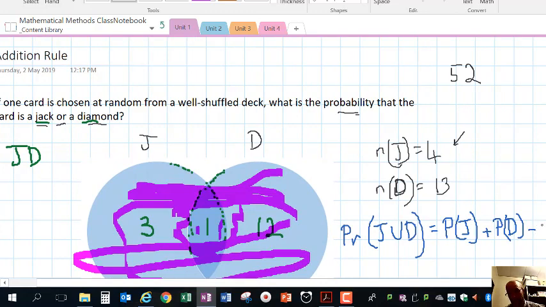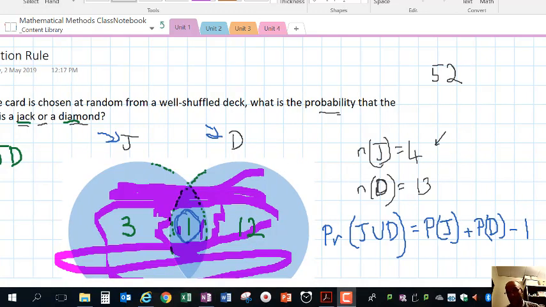Remember, we counted it twice, so we need to minus 1 lot off, because the Jack of Diamonds would be counted in here and in here, so that's twice, and there isn't a 2 there, there's only a 1 in the intersection region. So we need to subtract 1 lot of the intersection, so that would be the probability of the intersection of J and D.